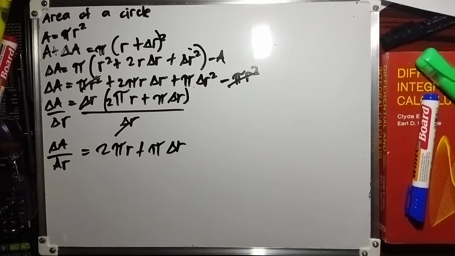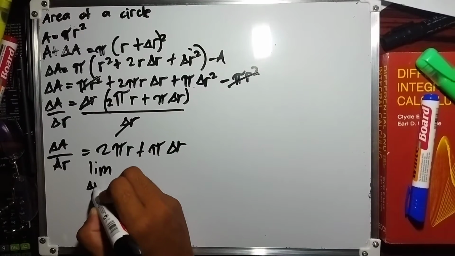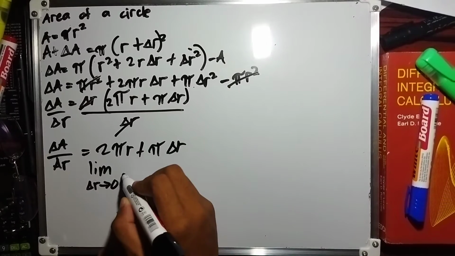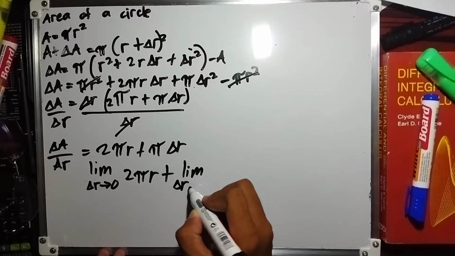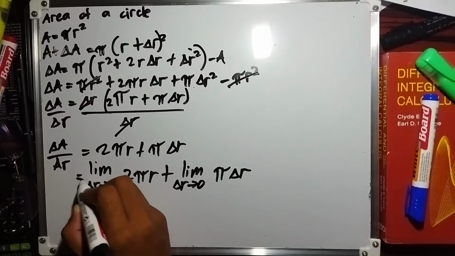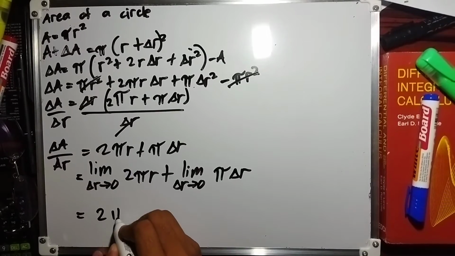And next, the third step is to find the rate of change from the derivative where the denominator approaches 0. So we have here the limit where our denominator delta r approaches 0. So 2 pi r plus the limit as delta r approaches 0 of pi delta r. We don't have delta r in the first term, so it will remain.